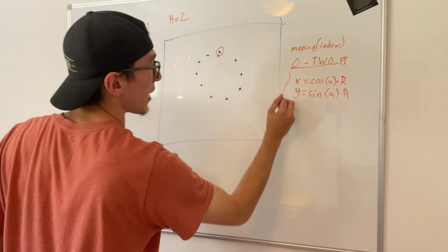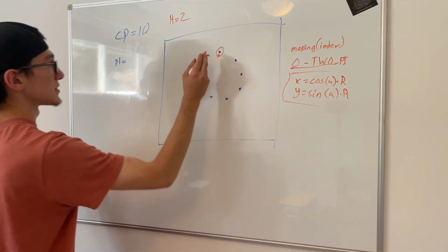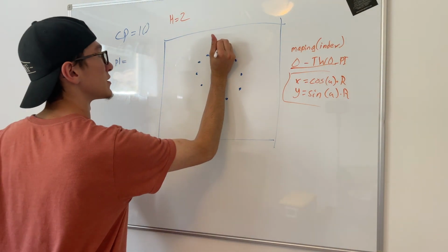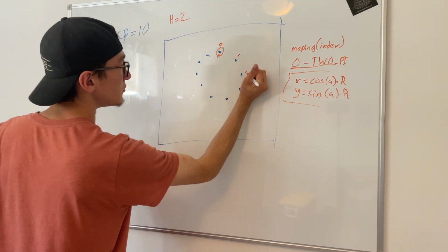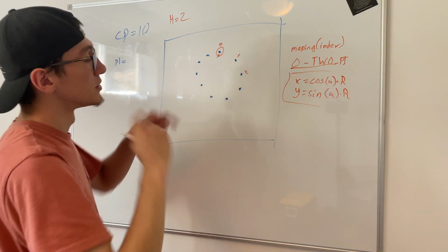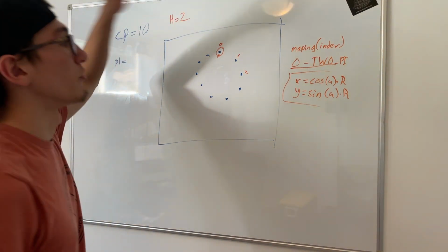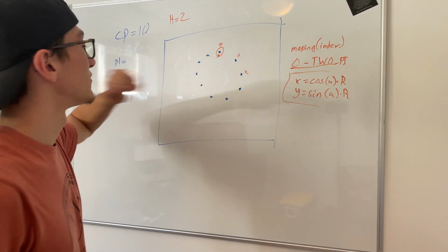So this is how we get this specific point. This would be index 0, 1, 2, so on and so forth, right? So we do this for all the points to start with. We get the points visualized.